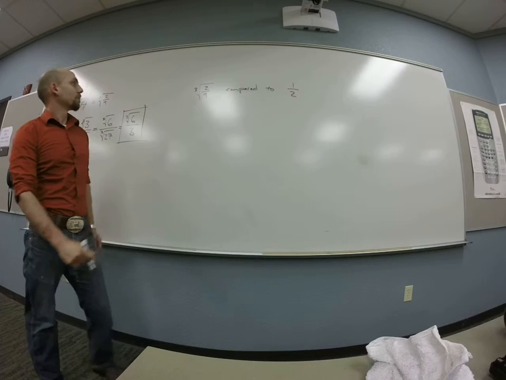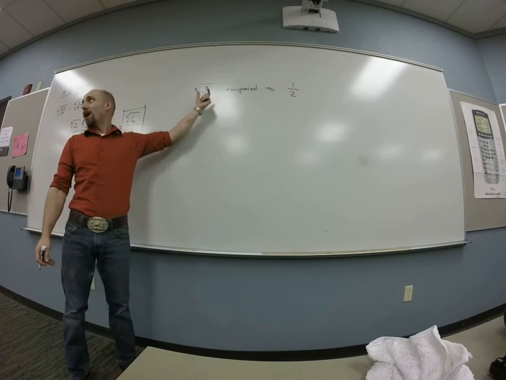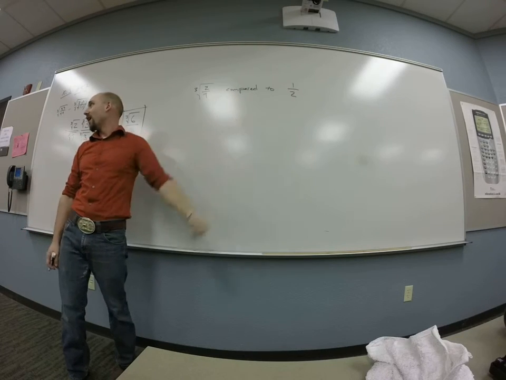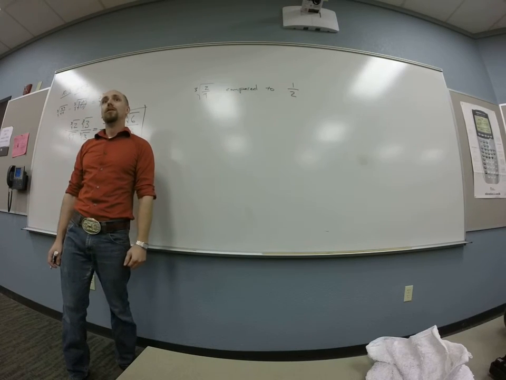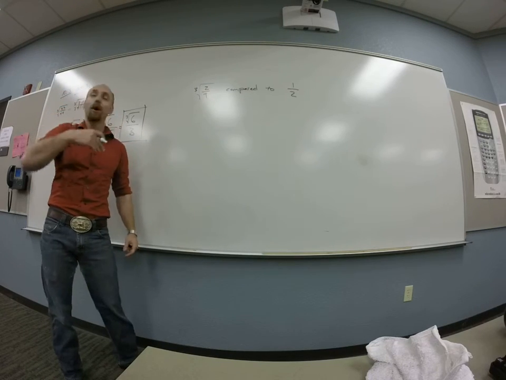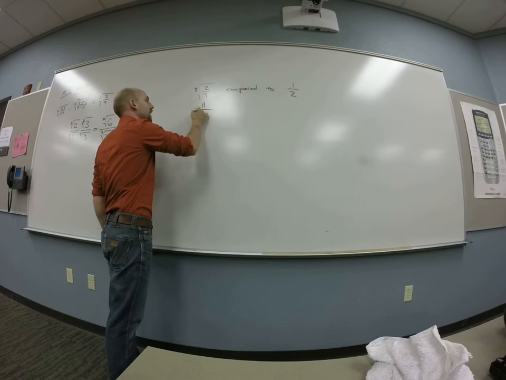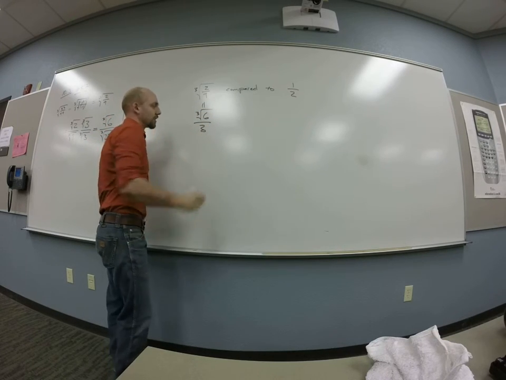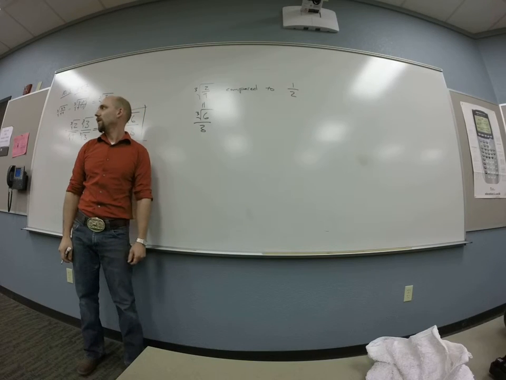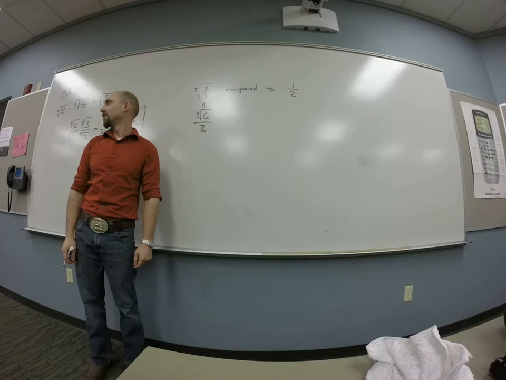You got half a pie, you're gonna give me another half. Yeah, exactly. I've got this much pie. I want to know, do I get more or less than a half a pie, right? Okay, so I take this thing, I do this business about rationalizing the bottom. I find out that this thing is the same thing as the cube root of 6 thirds, right? I still want to compare to halves, right?